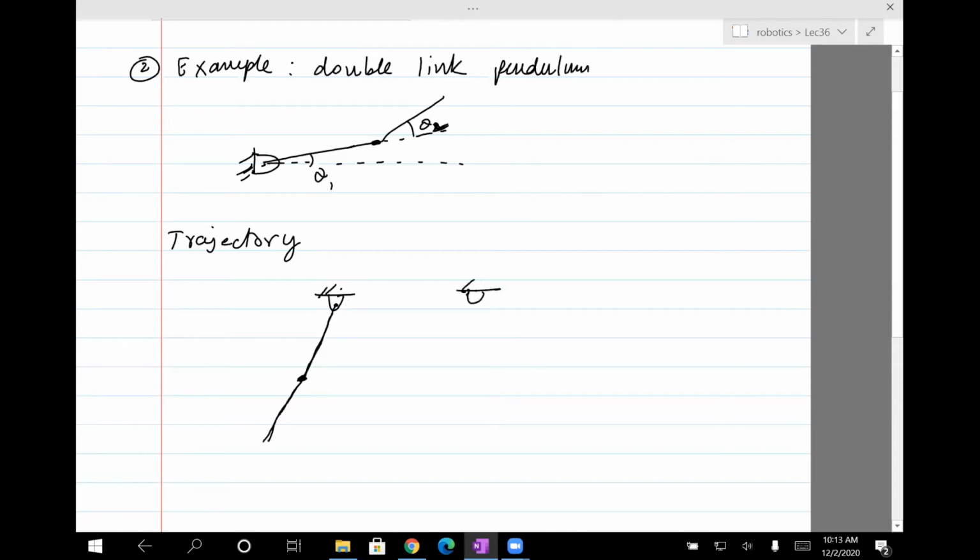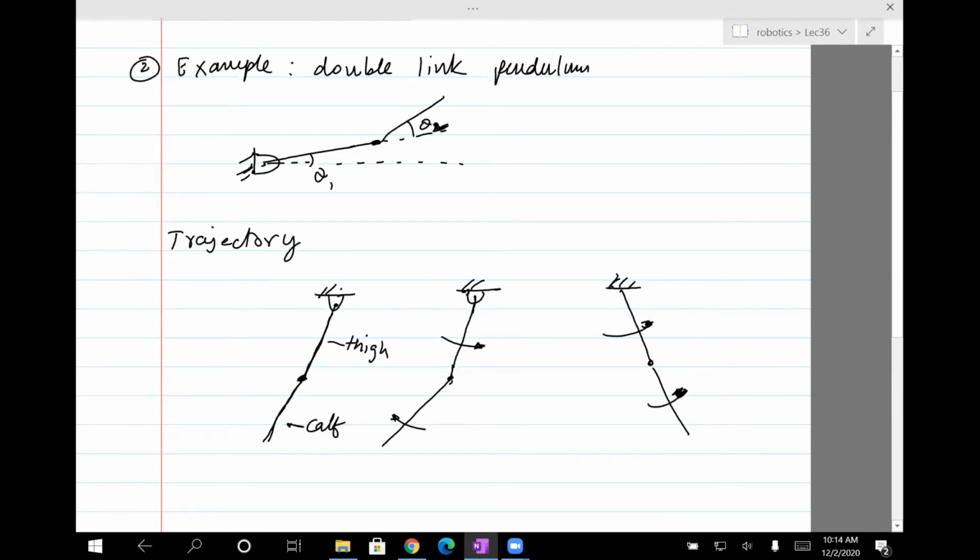Because we're simulating a kicking motion, we want the calf to go backwards slightly, and then we want both these links to move. So this moves backwards, this keeps moving forward, then we want to end in this position. So this is going forward, and we want to do that, let's say, in 3 seconds.